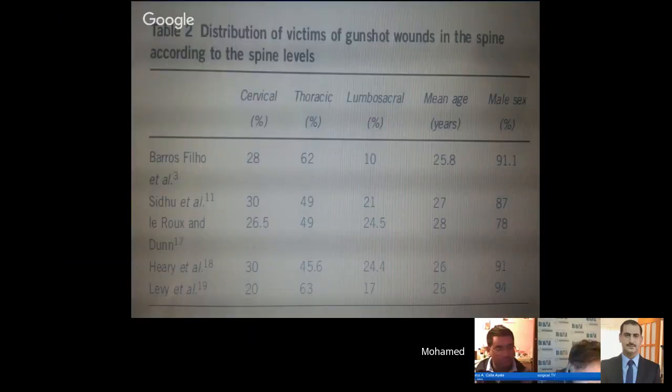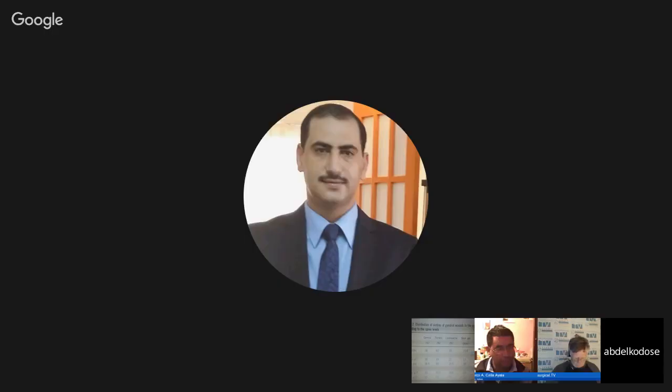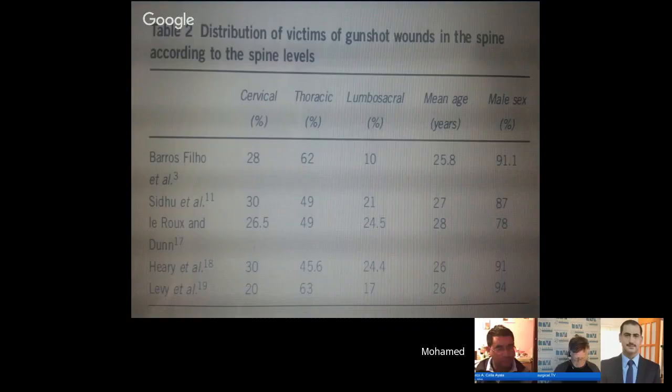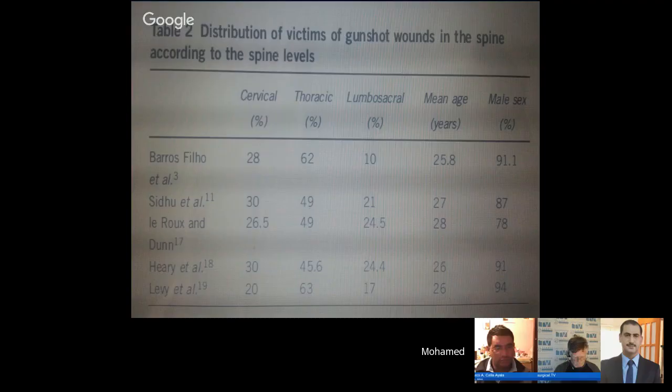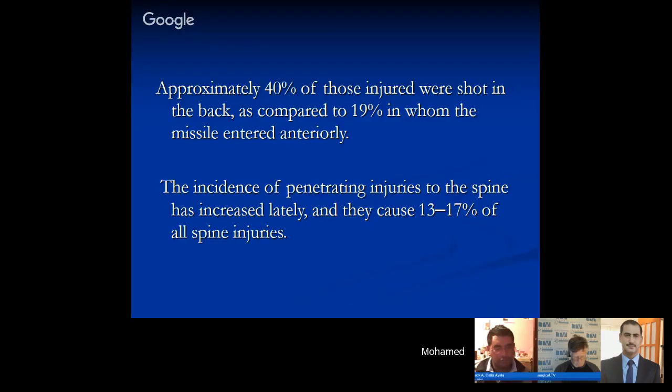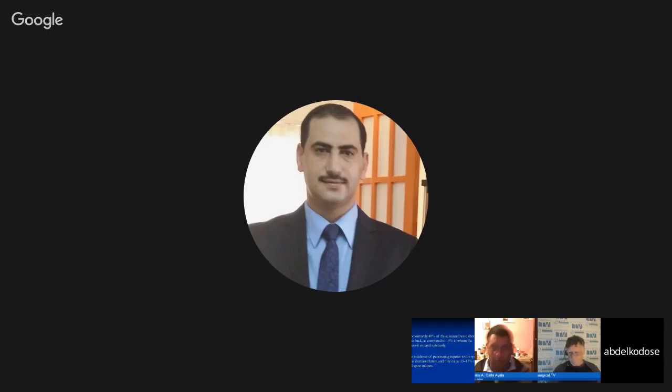Also, this table shows distribution of the gunshot wound in the spine according to the spinal level. The most common site for injury was the thoracic region in all studies. Approximately 40% of these injuries were shot in the back, as compared to only 19% in whom the missile entered anteriorly.